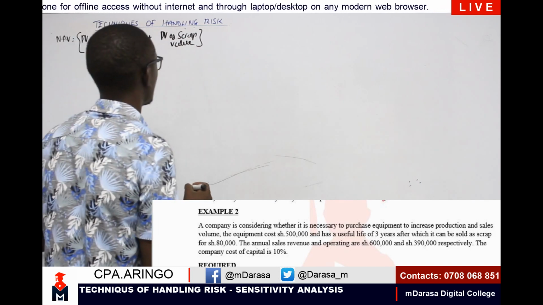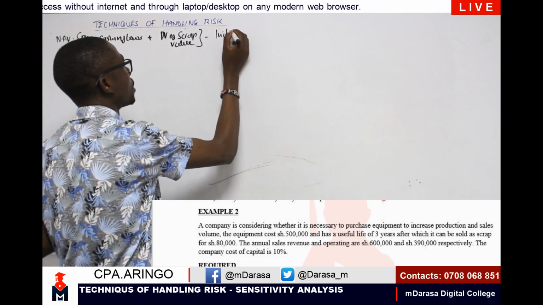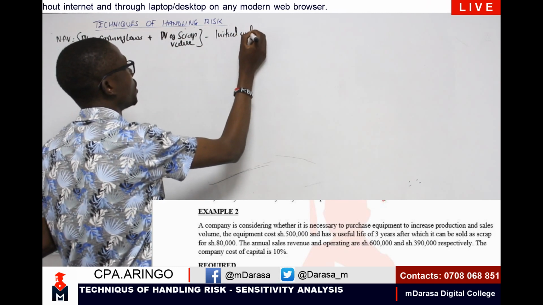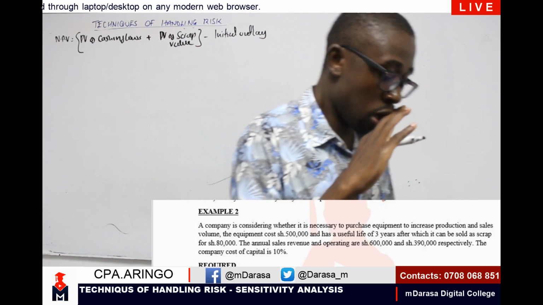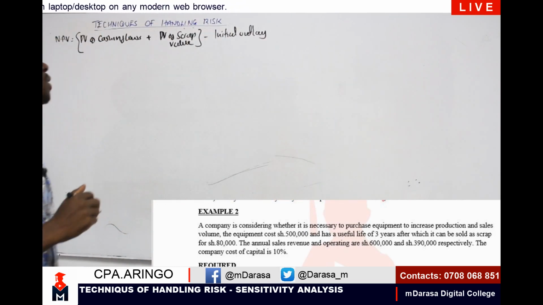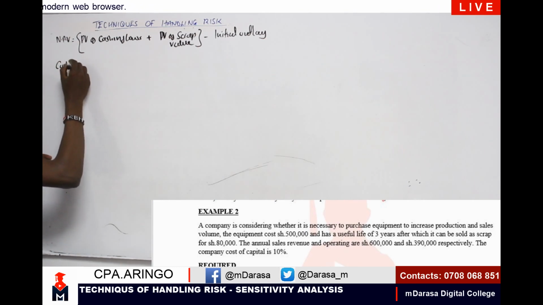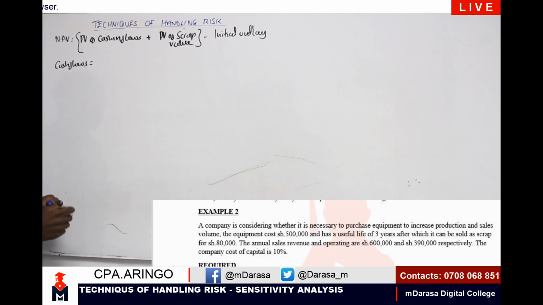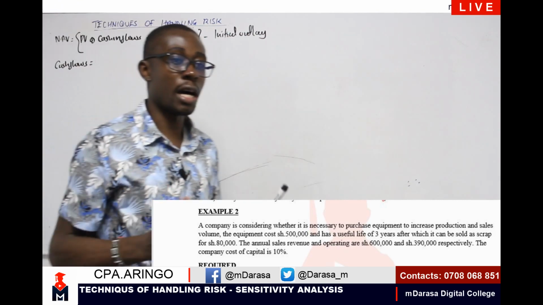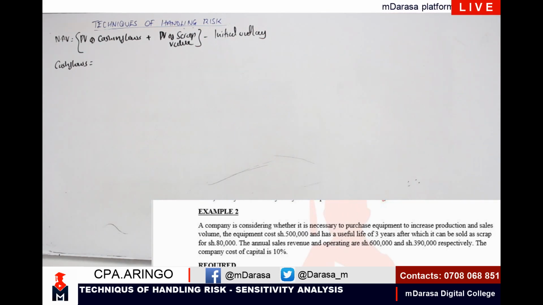In this case, of course, we are talking of minus initial outlay. This is the first thing that we should establish. The next question I'm going to ask myself is, what will we be having as our cash flows here? We are given annual cash flows, meaning that we were having the same values all through, giving us annuity.